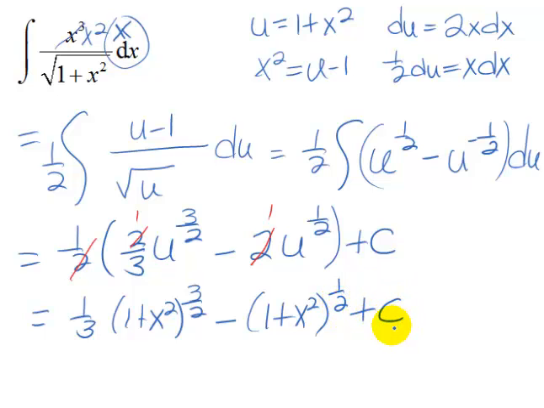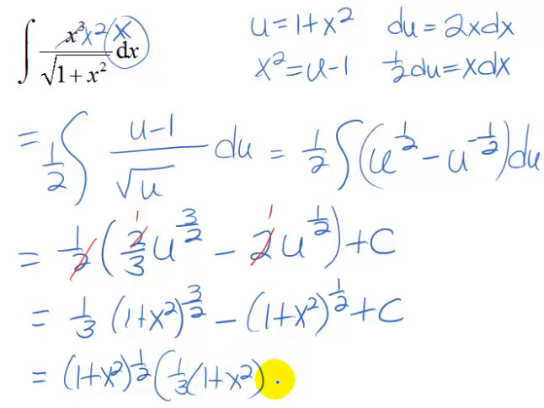Now in looking at this, we could leave it like this, but we could also factor out a 1 plus x squared to the 1/2, and if I did that, put that out in front, 1 plus x squared to the 1/2, and then that would leave me a 1/3, and this will be 1 plus x squared, and then this would be minus 1, and we still have plus our constant.